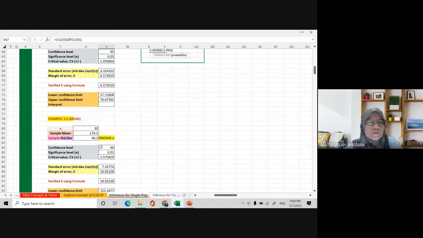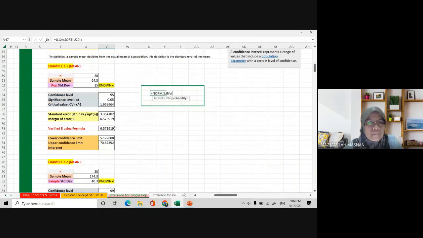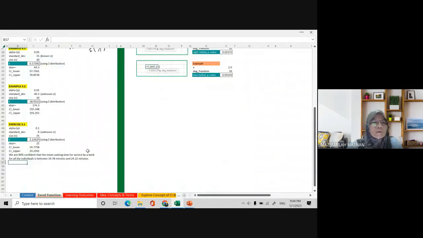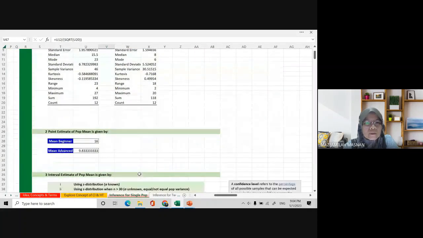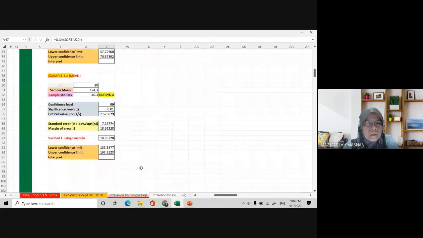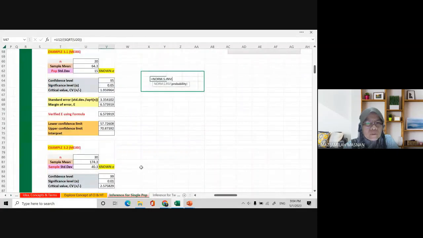But never mind, I'll just do it on the sheet over here. Okay, what about the proportion? Let me check, is there anything else that should be noted? I haven't done the proportion.